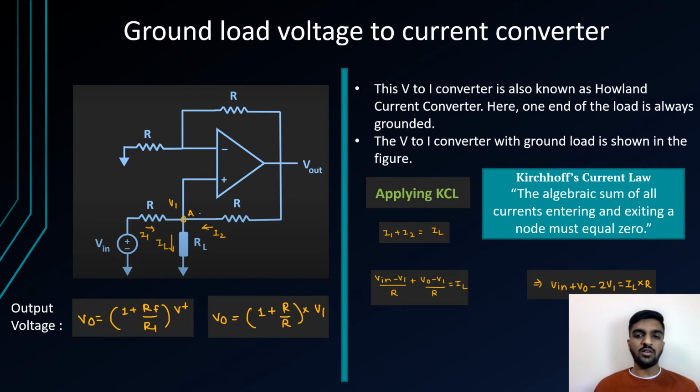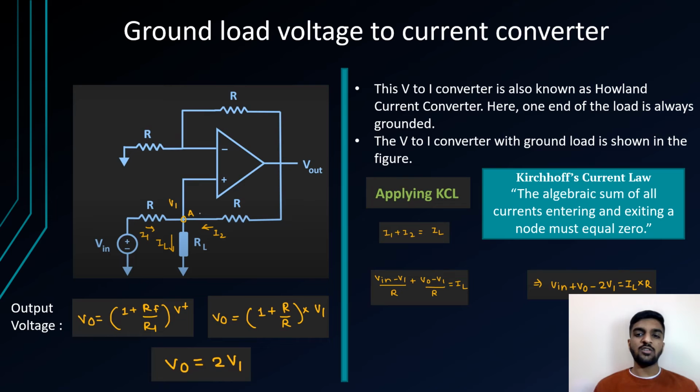Here, the voltage at the non-inverting terminal is V1. Therefore, it can be written as V0 is equal to 1 plus R by R into V1. Here, the resistance of the feedback resistor is R, and the resistance of the input resistor is R. This can be solved further to get V0 is equal to 2V1.